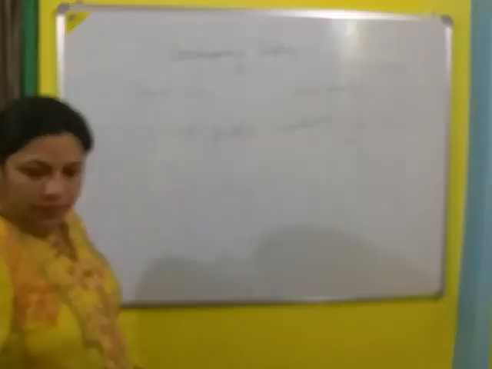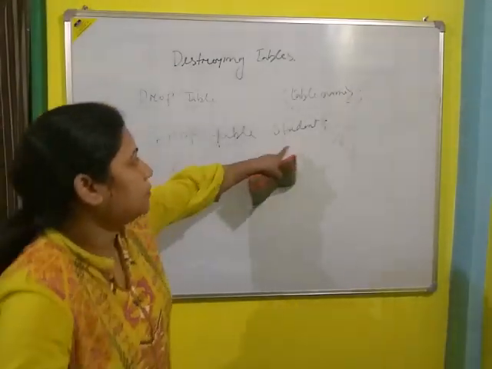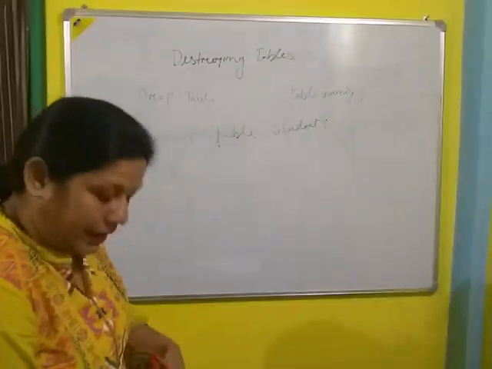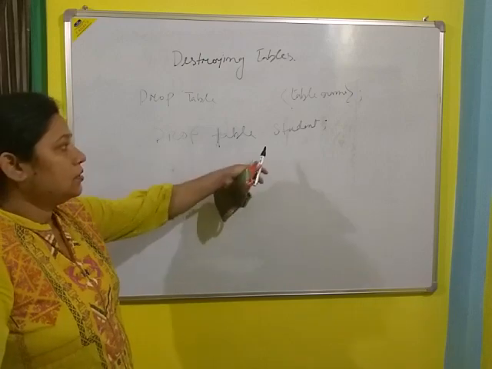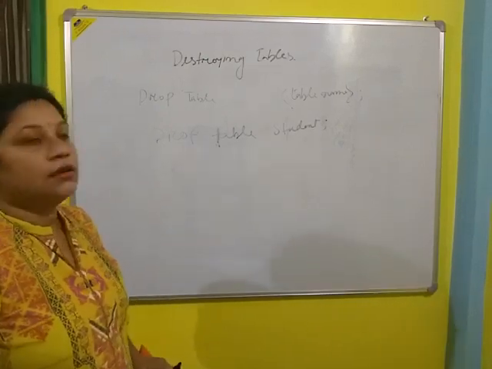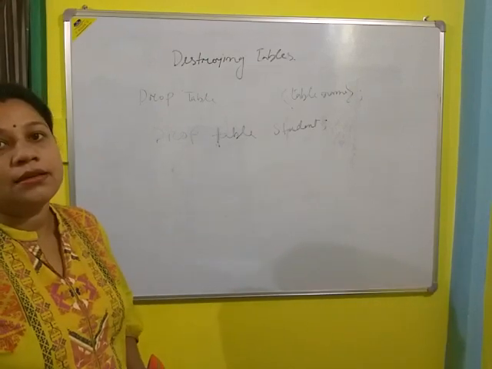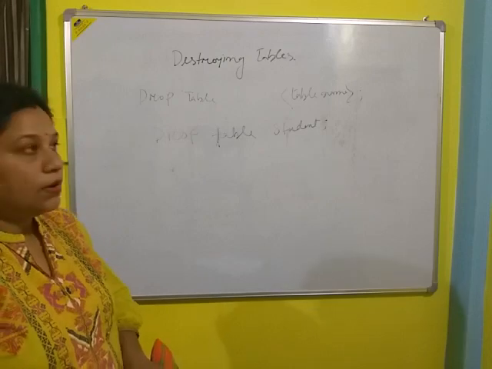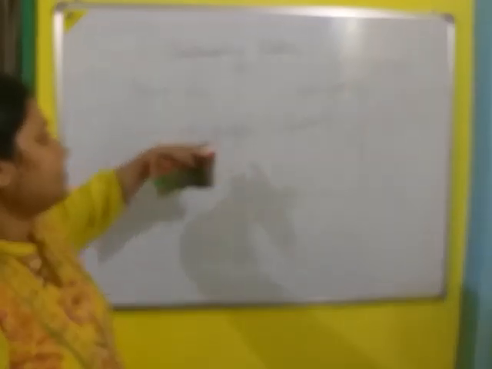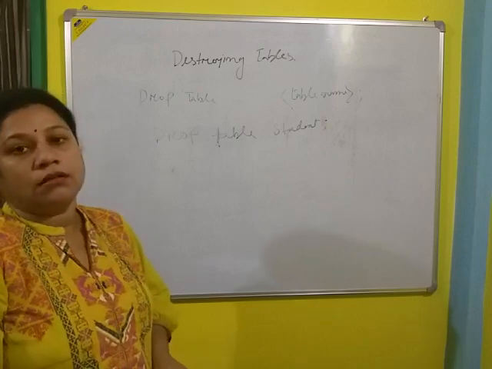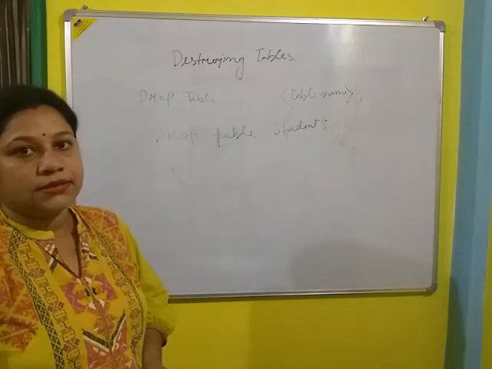When you write drop table student, that table student is completely deleted from the database. So this is the format to delete a table from the database.